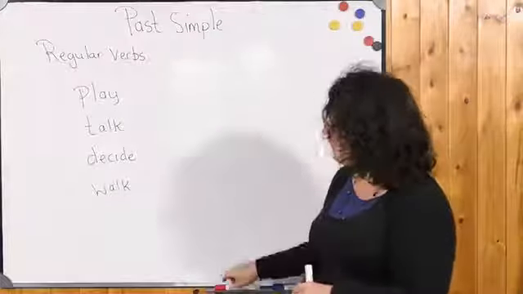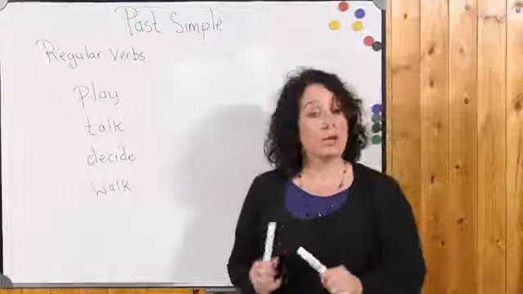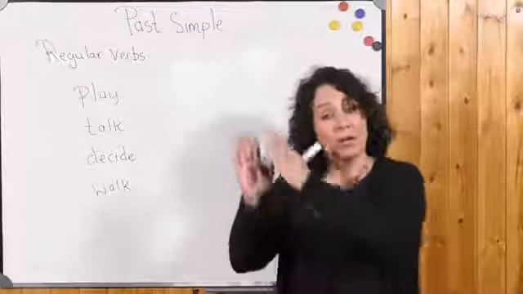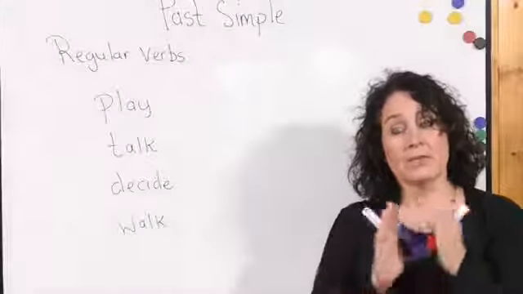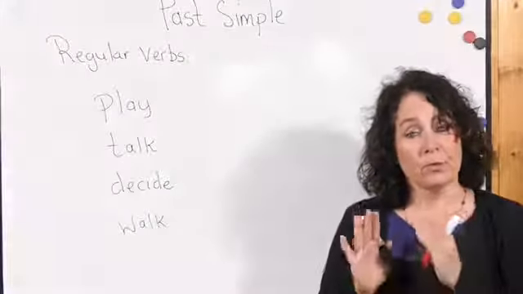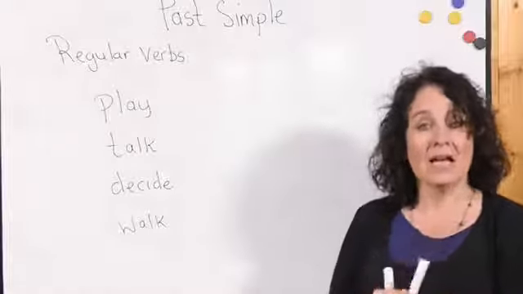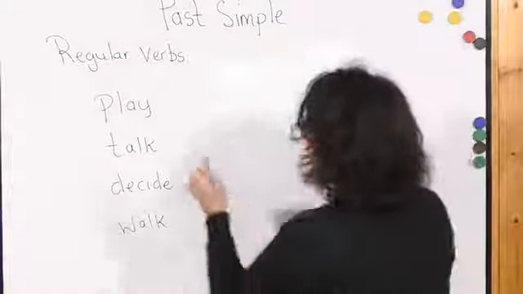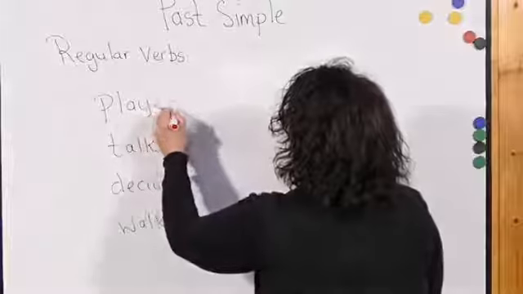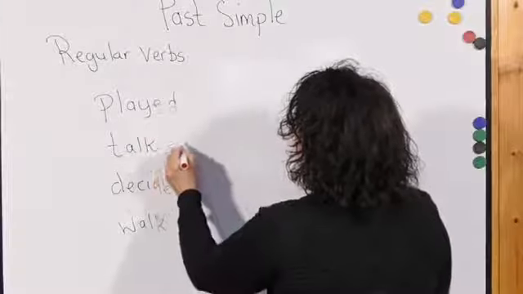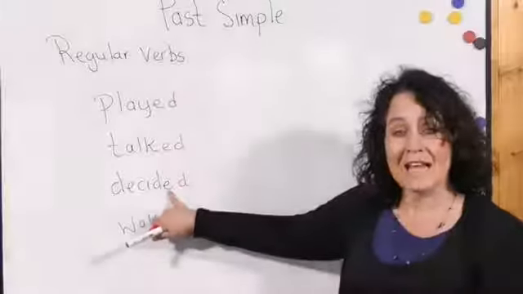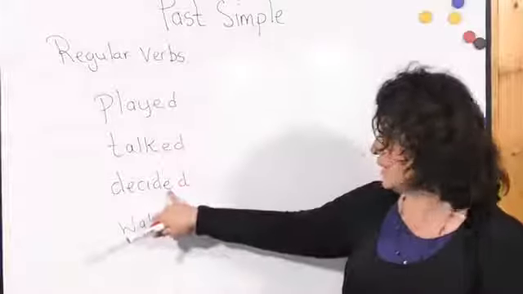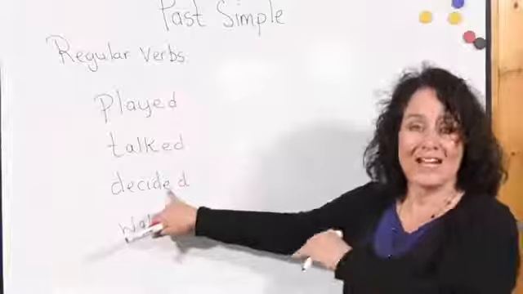Okay, so what makes them regular is that they are all the same in the past form. They all have ed at the end. Okay, so we add ed to make these verbs past simple. A verb that already ends in e, we just add d.